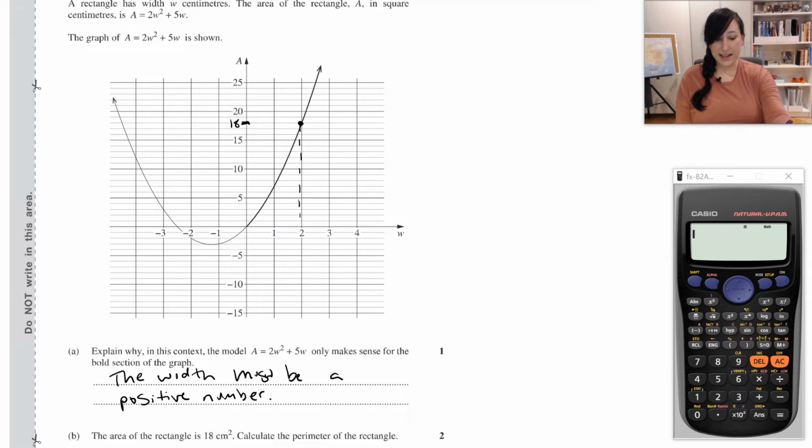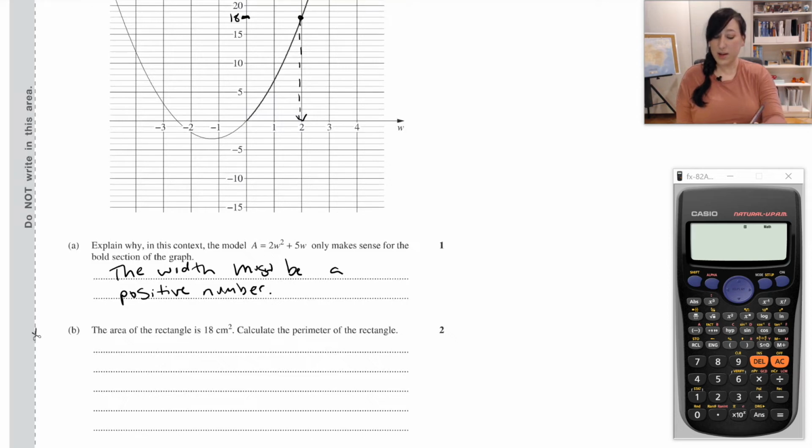So we can see that the width, if the area is 18, is 2. So let's write what we know, that W is 2 and area is 18. Now, area would be calculated by taking the width times the length.